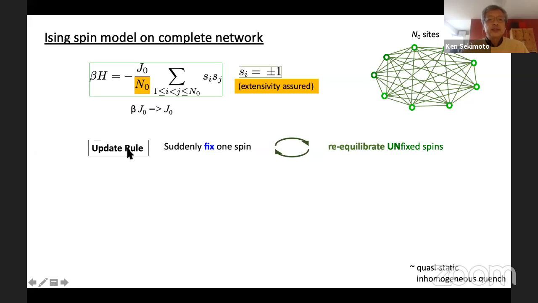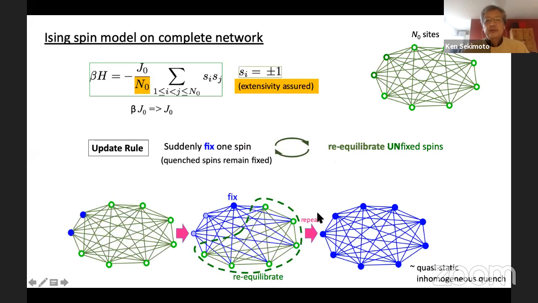The update rule is that I suddenly fix one spin, and then we re-equilibrate the unfixed spins. Once one spin is fixed, it remains fixed. By iterating this fixation and re-equilibration step by step, we finally reach the state where all the spins have been fixed. Since the equilibration time of a finite system is finite, this process corresponds roughly to a quasi-static inhomogeneous quench.